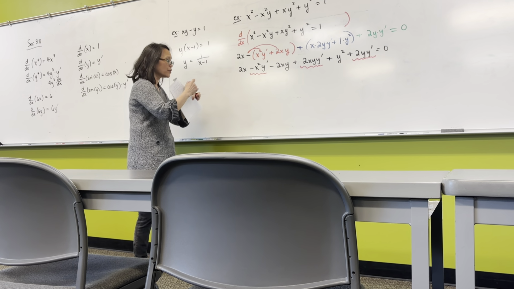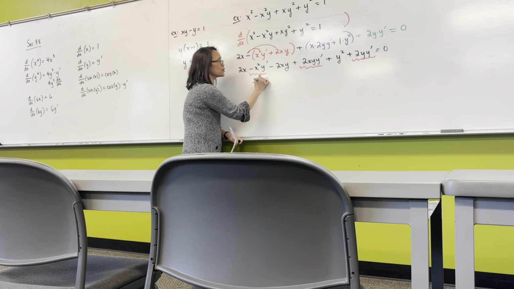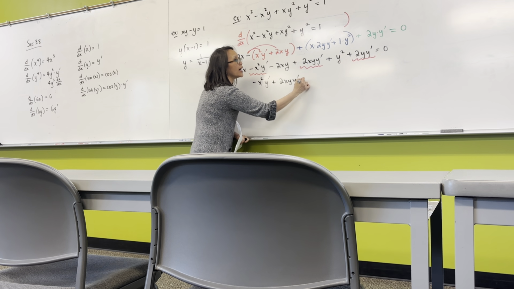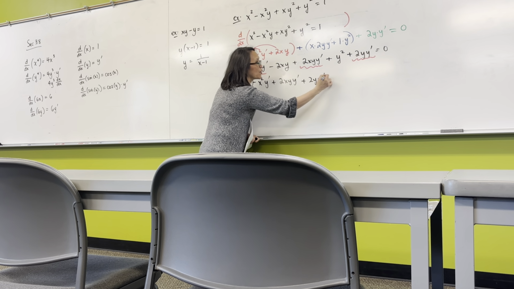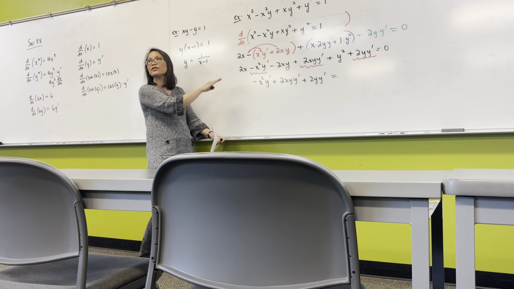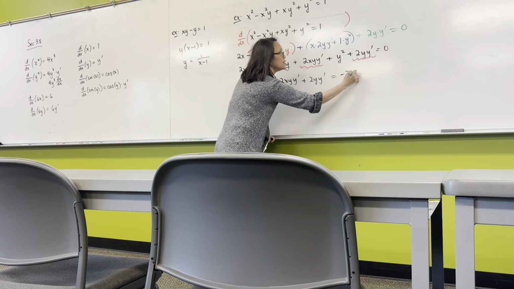Okay, so that's going to give me, let's see, a minus x squared y prime plus the 2xy y prime plus the 2y y prime. Those are all the things that had the y primes in it, and I'm moving everything else to the other side. So this 2x subtracted over becomes a minus 2x.